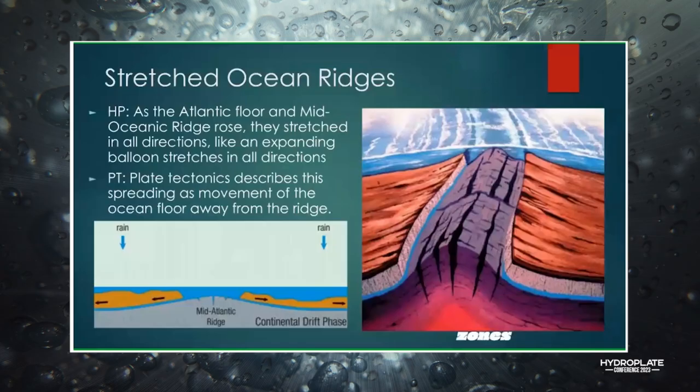And I think I've got another chart here that shows a little bit more in detail. So as the Atlantic floor and the mid-ocean ridge rose up, it stretched in two directions. It shows both these fracture zones and these rifts along the side, but it also has zones that cut across. And something like that just couldn't be explained by simple seafloor spreading caused by convection.